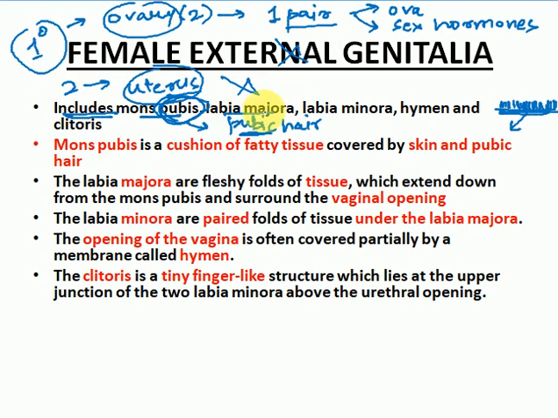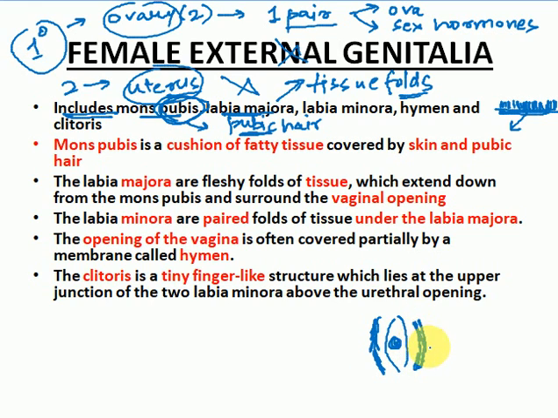The second important thing is the labia majora. As the name indicates, majora, it will form the major segment of the external genitalia, and it is nothing but a tissue fold which surrounds the vaginal opening. If this is the vaginal opening or the vaginal orifice, it will be surrounded by the tissue fold, and those tissue folds will be called the labia majora.